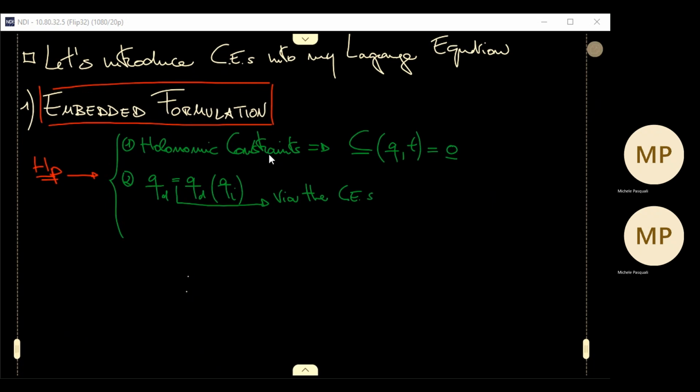So the constraint equations are those equations, typical algebraic equations, that relate dependent and independent. So the dependent, by their name, by definition, can be derived through the constraints starting from the set of the independent ones. Basically, the third, well, I would say this is not really a hypothesis. This is like a result.